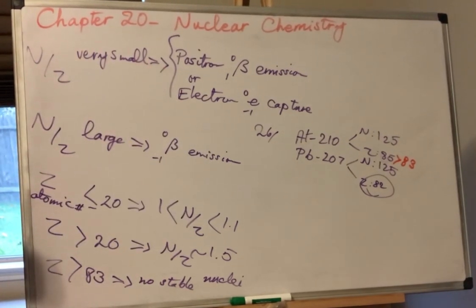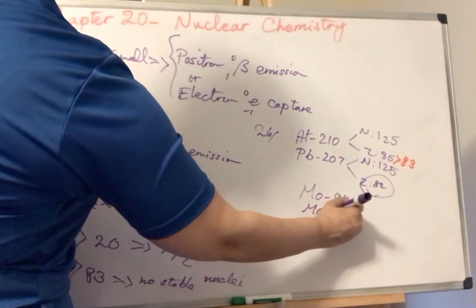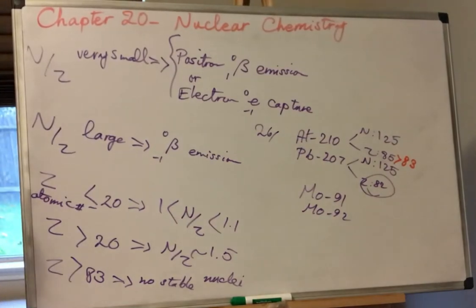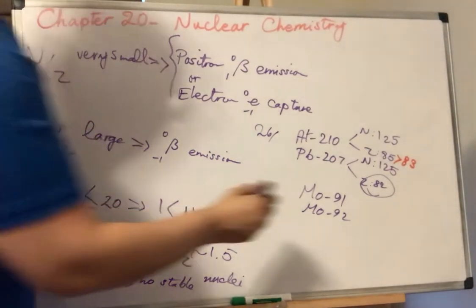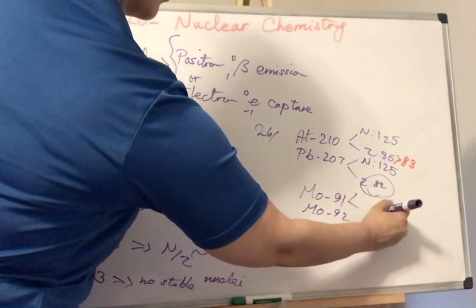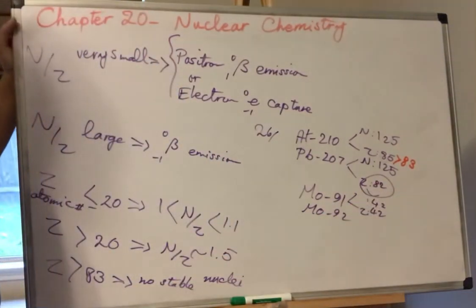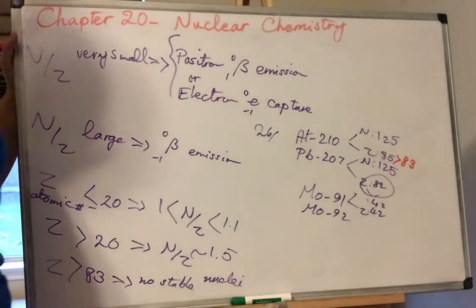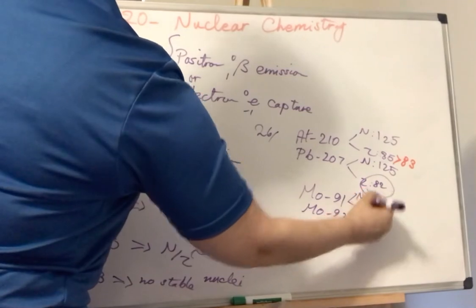The next one is molybdenum 91 and molybdenum 92. Look it up in the periodic table again. Molybdenum 91 has 42 protons and 49 neutrons.